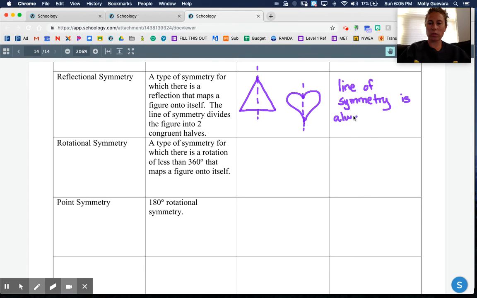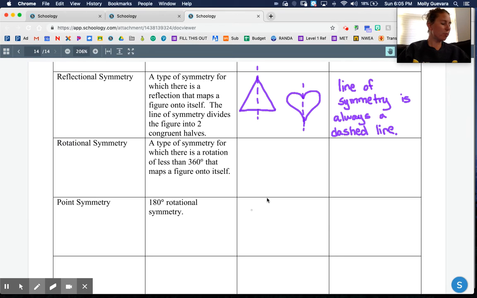So that's just really important to note. Always a dashed line. So whenever we draw our lines of symmetry, or lines of reflectional symmetry, it's always a dashed line. Okay, so that's exactly what you think of when you think of symmetry.